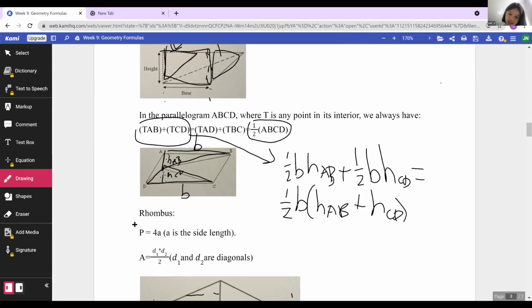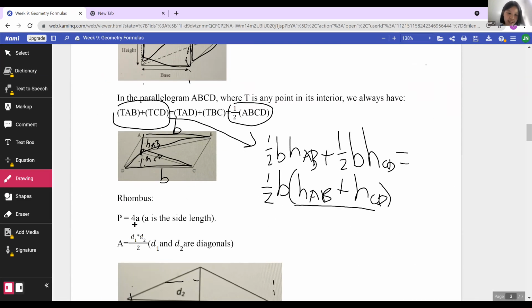And actually the sum of these heights is equal to the height of the whole parallelogram. So it can be written as this for the height of the parallelogram. And that's exactly 1/2 times the area of the parallelogram.